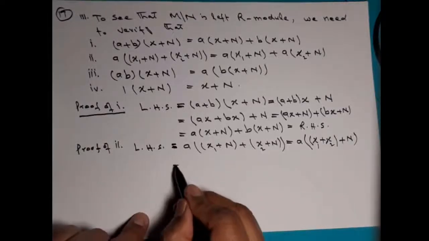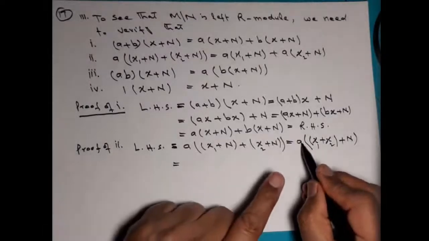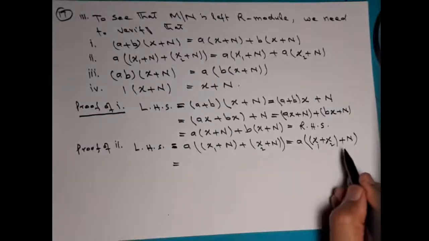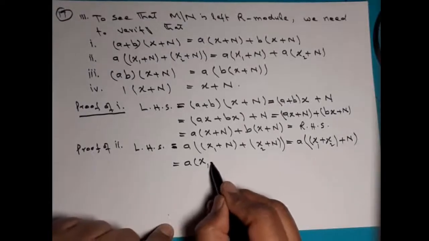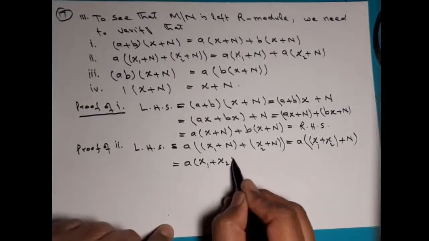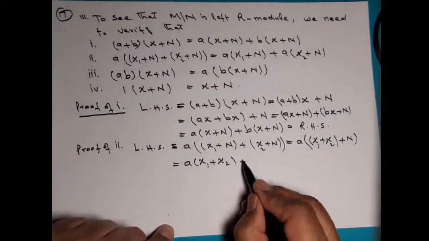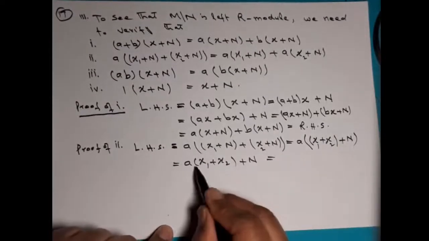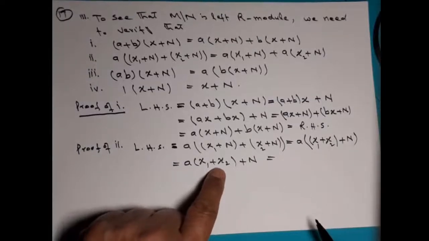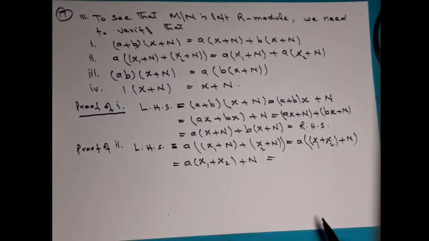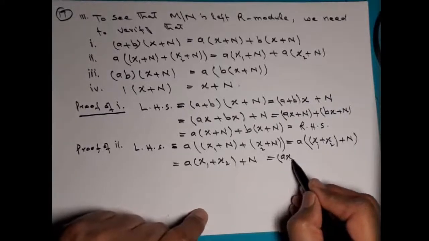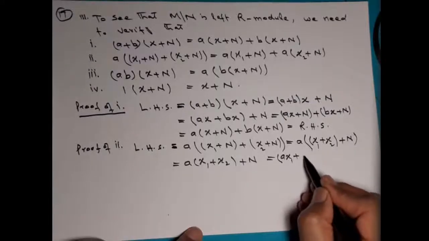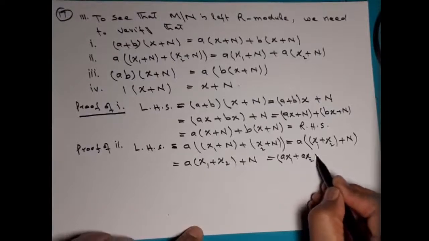Now this is scalar multiplication, so by our definition it is equal to a multiplied with (x1 plus x2) and then plus N. And a into (x1 plus x2) is equal to ax1 plus ax2, because M is a module, so this is equal to ax1 plus ax2 plus N.